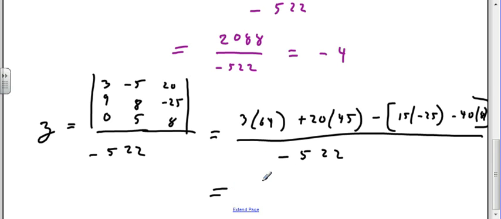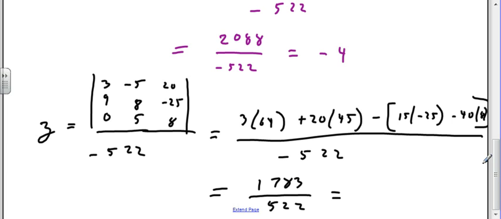So I got 1783 divided by 522. I don't think it divides by 522 very well, does it? And it doesn't. So that means that I probably made a mistake. I'll come back to the problem.